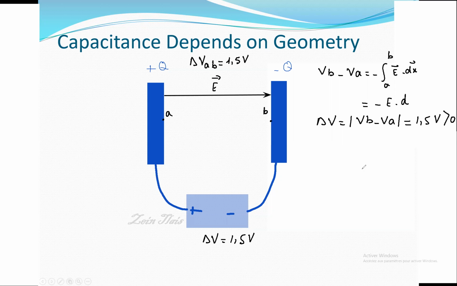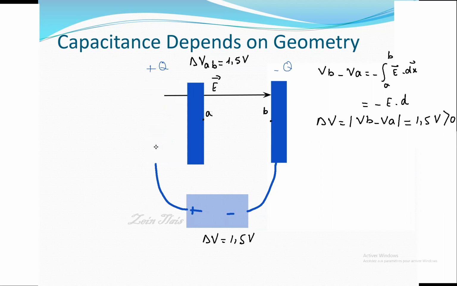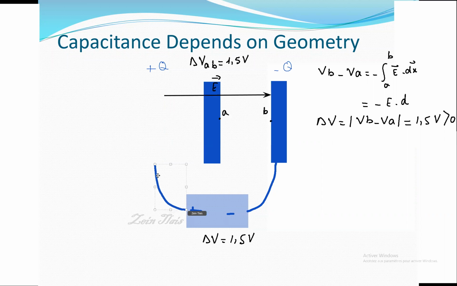Now, what I have to do? I have to change the distance between the plates. I want to decrease the distance between them, so we can push this side. Now they are closer. We decreased the distance.